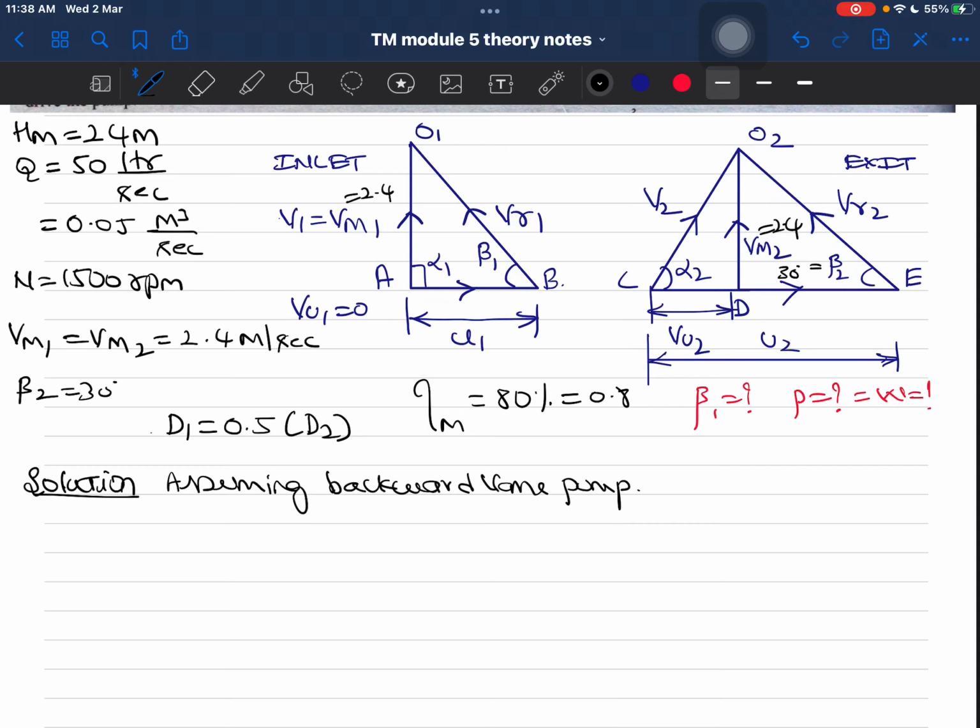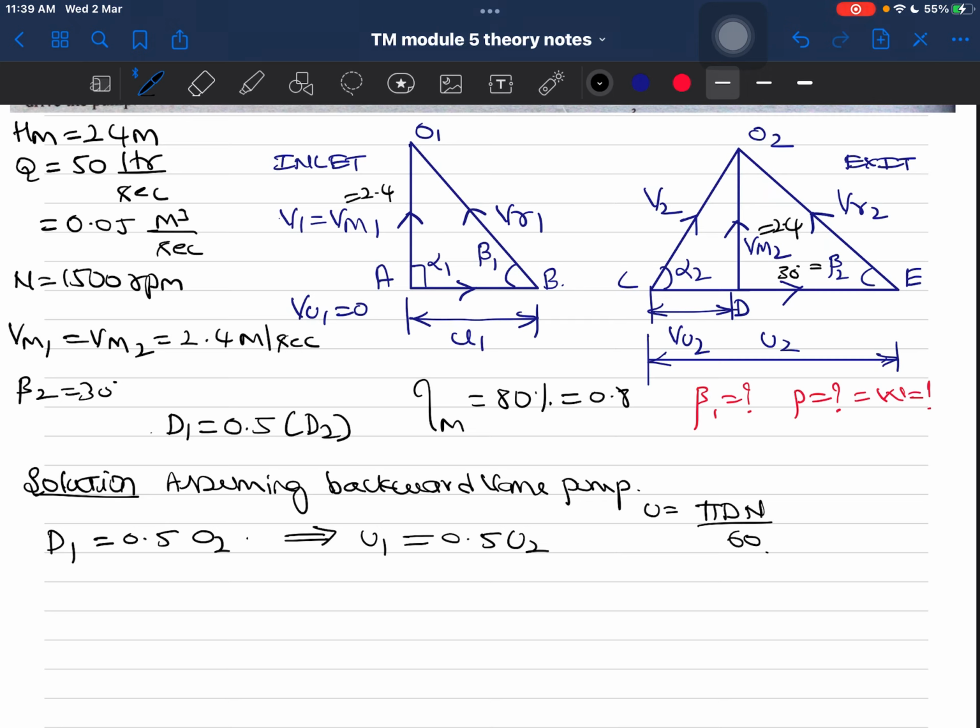Now, since you know the value of this one, 2.4, we will try to calculate the beta 1. The thing given here is if D1 is equal to 0.5 D2, then it clearly implies that U1 must be equal to 0.5 times U2, because U is pi D N by 60.